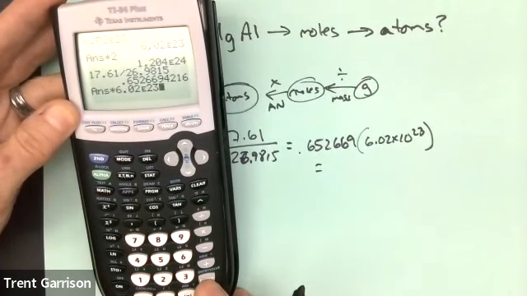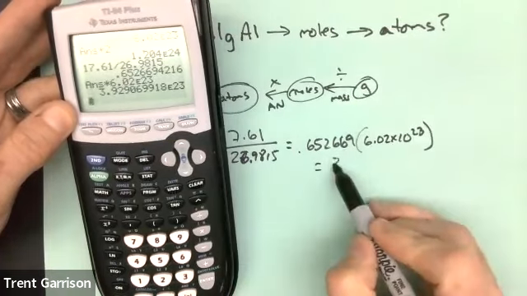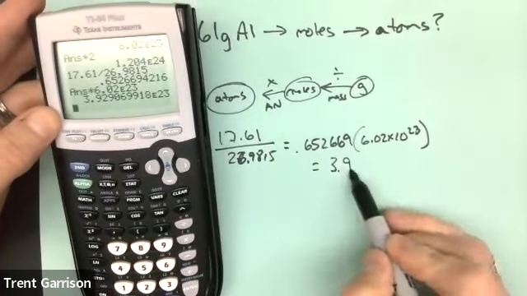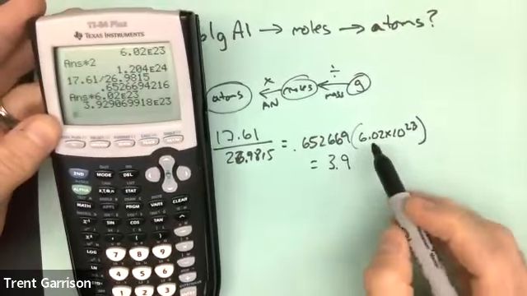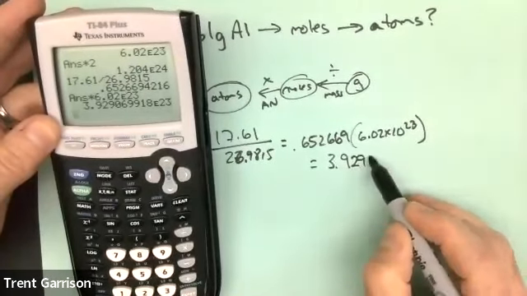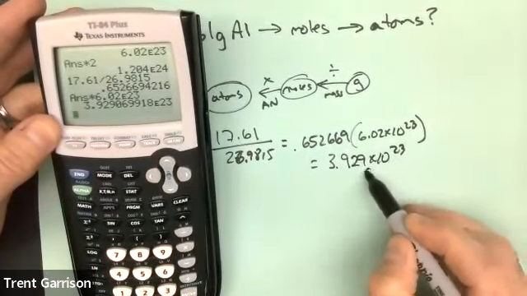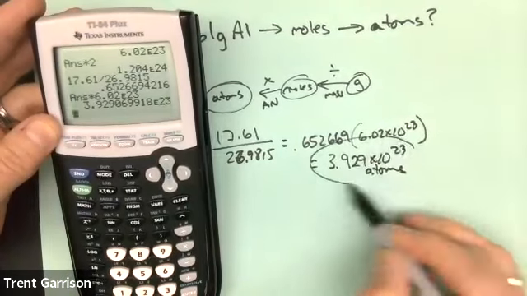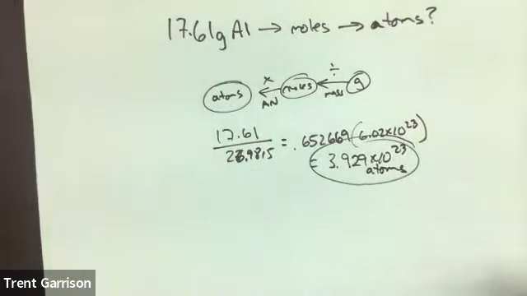What that gives you, times 10 to the 23rd, is 3.929 times 10 to the 23rd atoms. Not a difficult task.